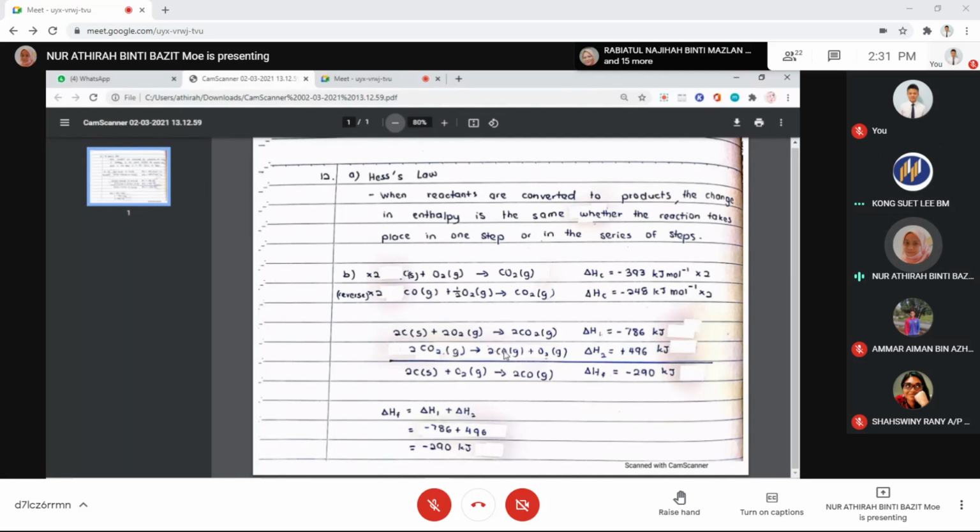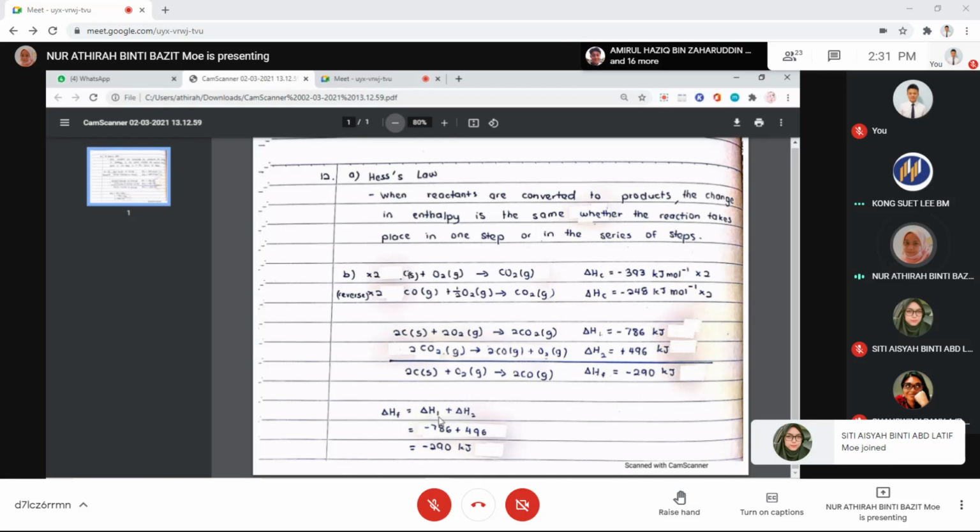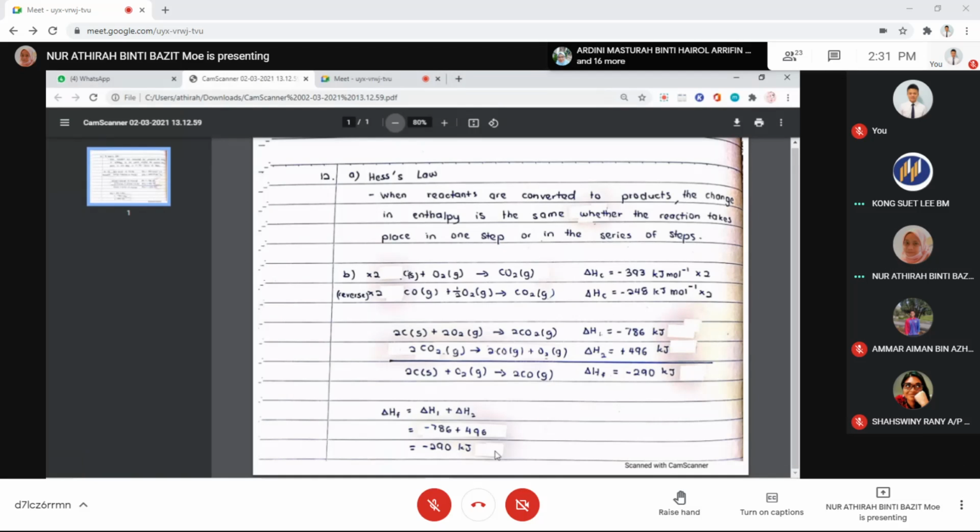And for the second equation, 2CO2 gives 2CO plus O2, and the enthalpy is plus 496 kilojoule. Then for the final enthalpy, enthalpy 1 plus enthalpy 2, we will get negative 290 kilojoule.